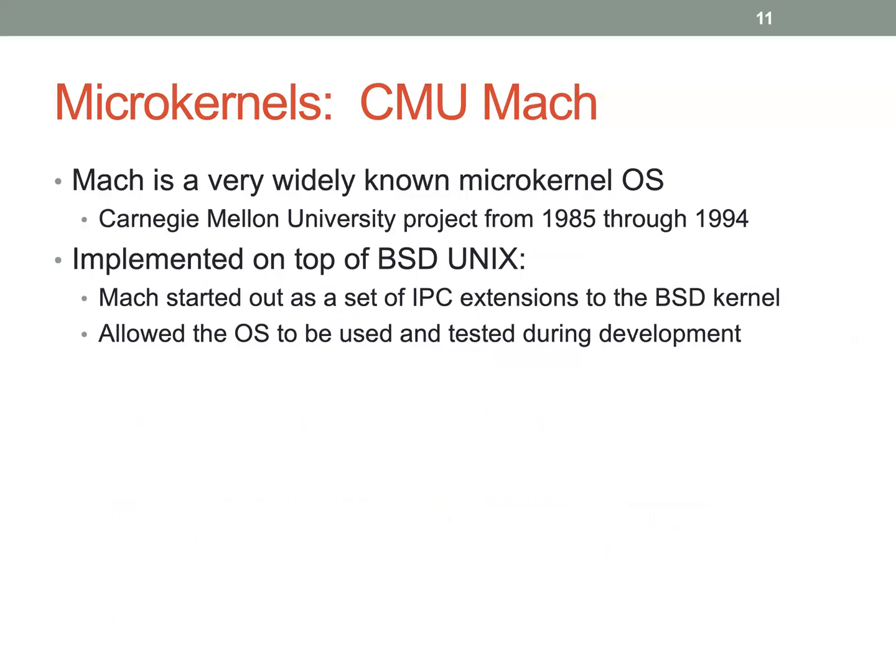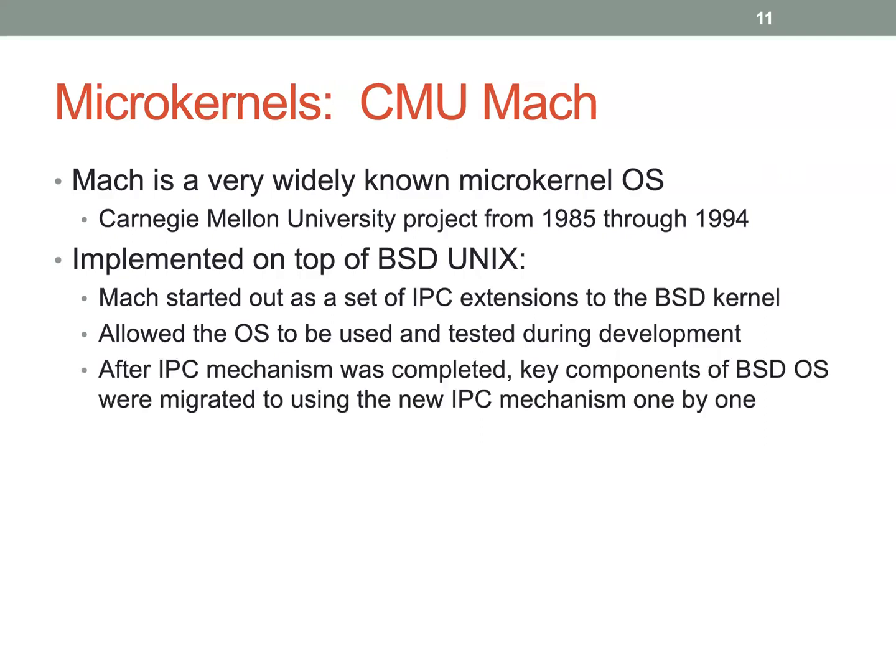Basically, Mach was sort of bootstrapped inside of BSD by extending the BSD kernel with some more sophisticated inter-process communication mechanisms, so that you could actually boot Mach and start building stuff or migrating stuff into a microkernel type approach.